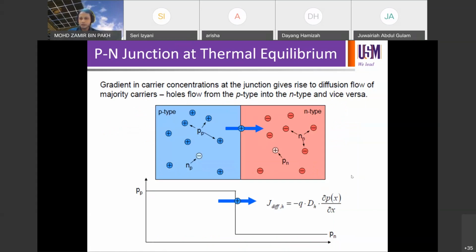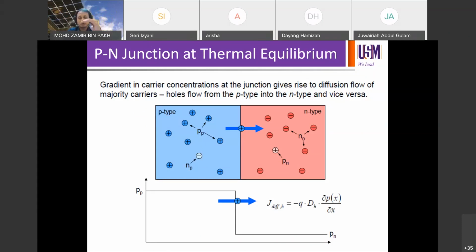Okay, Rafai said, the hole from p-type diffused to n-type, so the diffused hole will become a minority in n-type. Yes, exactly. So the hole originally comes from p-type, because it is the majority there. Let me just get this straight, at least for this class, before we move on. Rather than you not being clear and we proceed, we might as well get everything okay first. Hole is the majority in p-type.